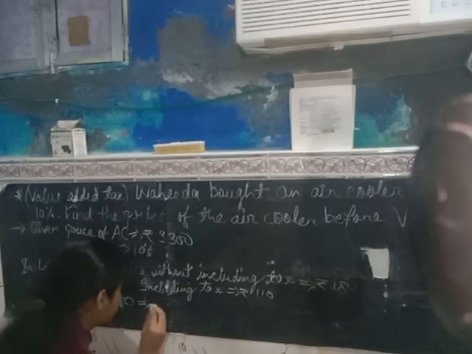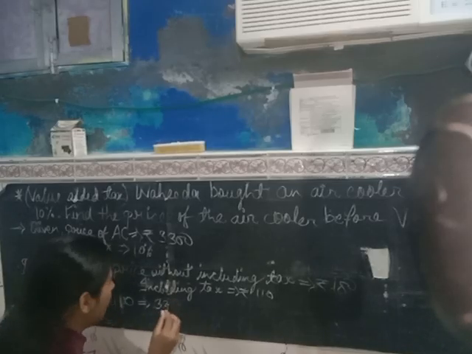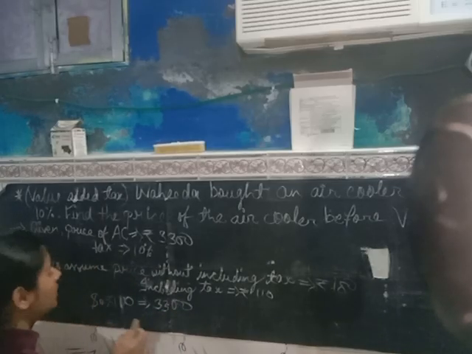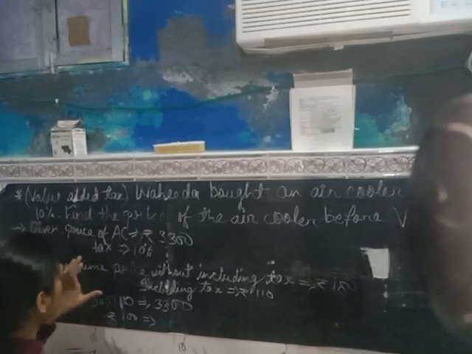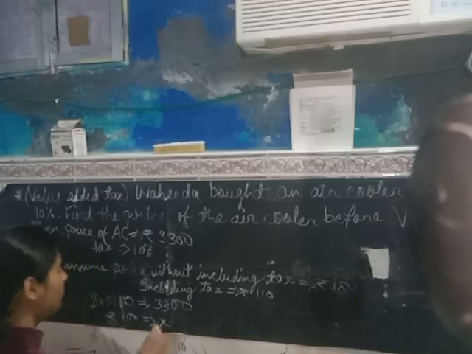So 110 rupees is equal to 3,300, and 100 rupees, let's say without including tax, the price of the air cooler is X.